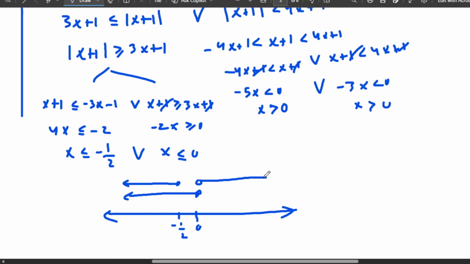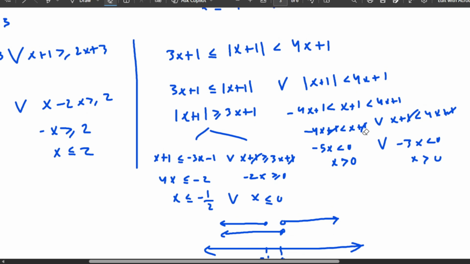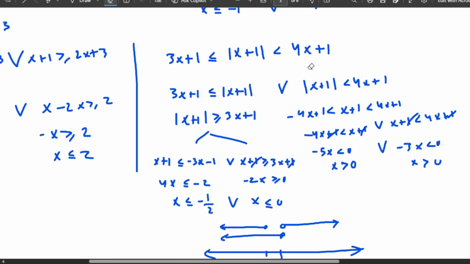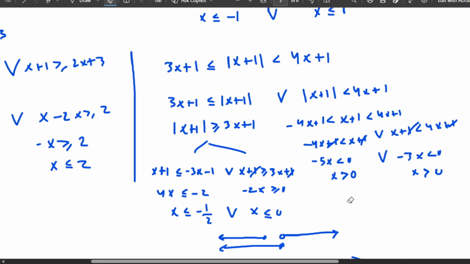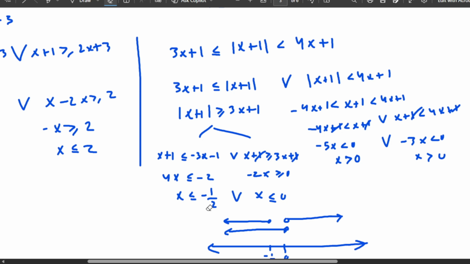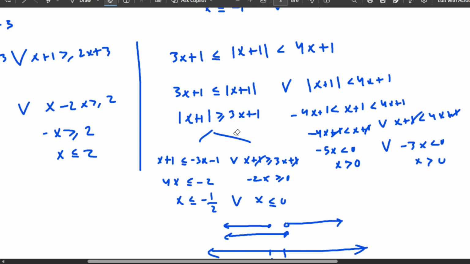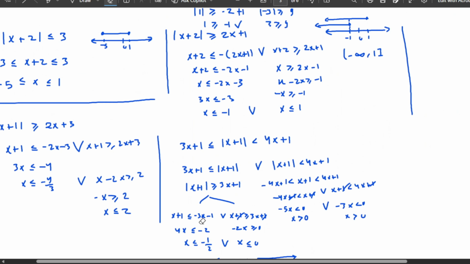So this side of the inequality is true, and this side of the inequality is true. If you put x greater than 0, then this will be true. If you put x less than or equal to 0, or less than or equal to negative a half, then this would be true. So yeah, that's actually it.